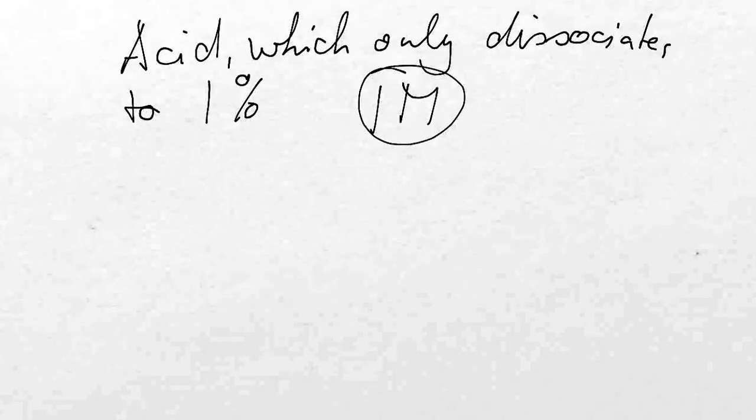Only 1% of this acid will dissociate. When we used hydrochloric acid, 100% dissociated. But in this case, only 1% dissociates. Can we calculate the equilibrium constant? Let's say we start with 1 molar of the acid, of the HA.